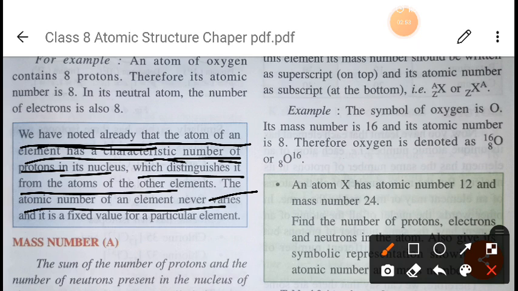The atomic number of an element never varies, it is a fixed value for a particular element. Just like for hydrogen the atomic number is 1, for helium 2, lithium 3, and so on. So it will not change. I hope you have understood what atomic number is.